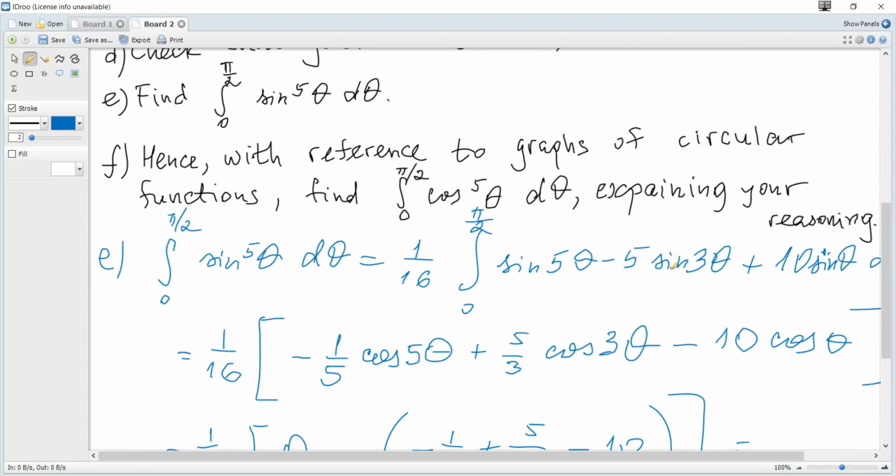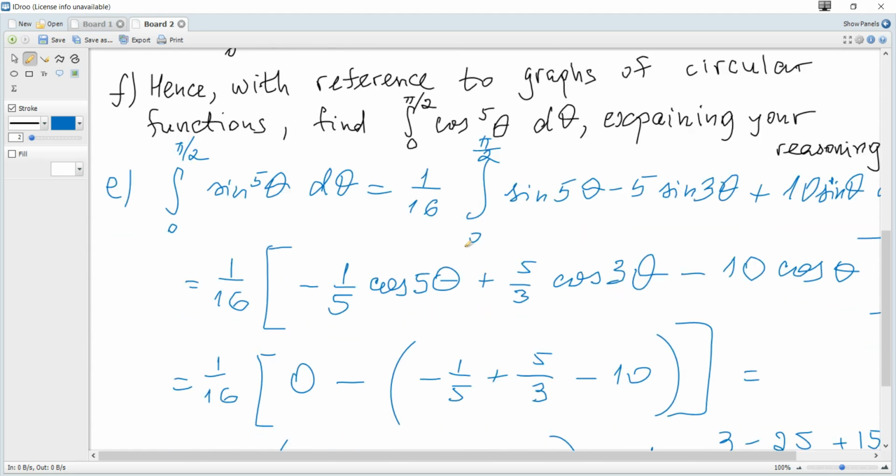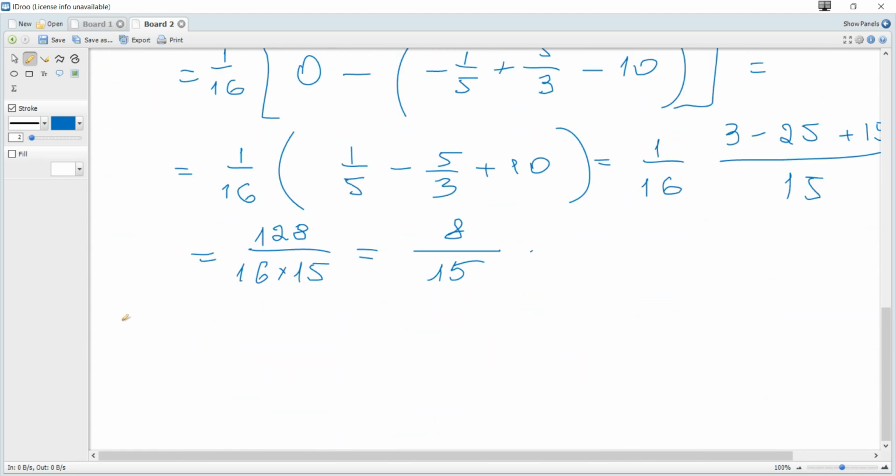Then, hence, with reference to graphs of circular functions, find the integral from 0 to pi over 2 of cosine to the power of 5 d theta, explaining your reasoning. Let's start with reasoning. Cosine looks like this, and from 0 to pi over 2, it's this region.